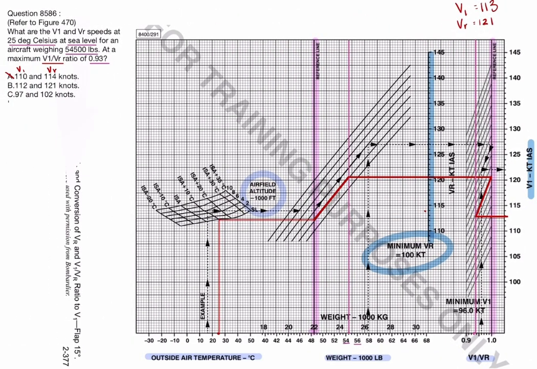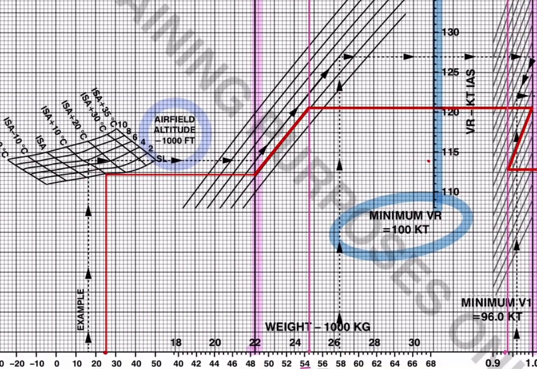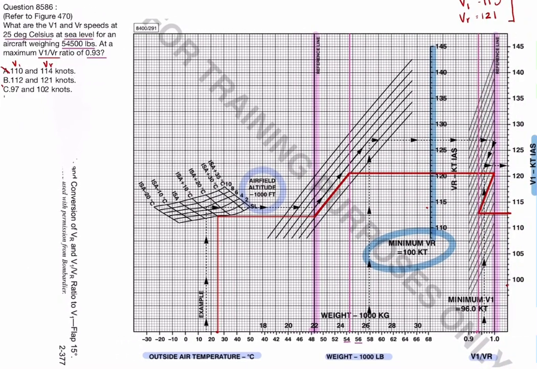I have 112 and 121. That aligns almost perfectly with what I've decided. And then we'll check one more, 97 and 102. Well, again, 97 would be way down here for V1, so that doesn't make any sense. So my correct answer would be B. And remember, you won't always get perfect answers. You'll probably never get a perfect answer, but it's pretty close.